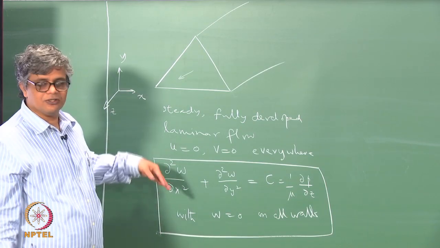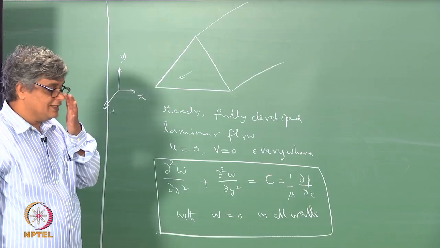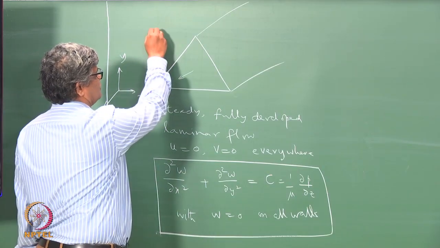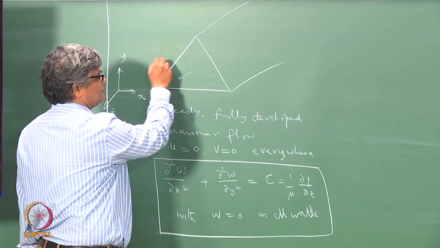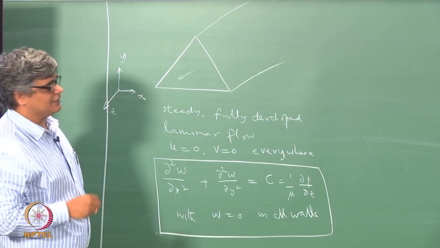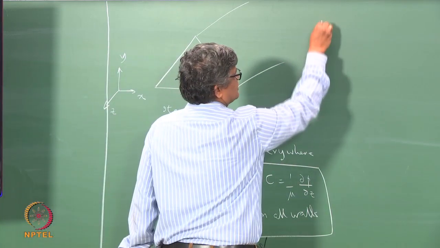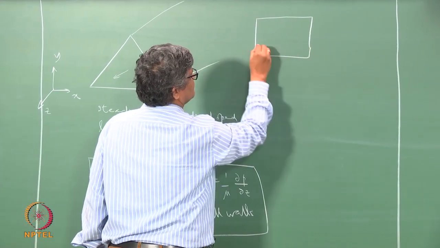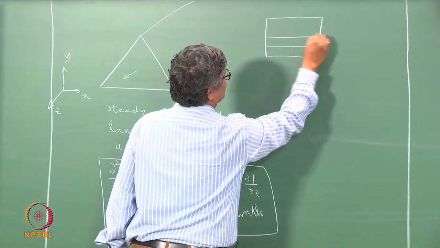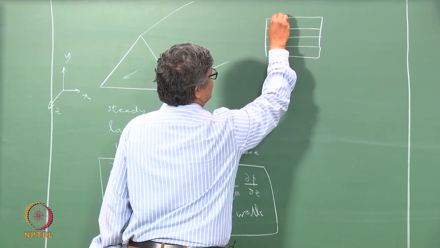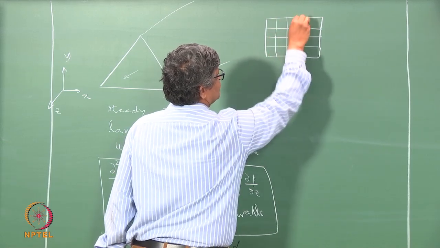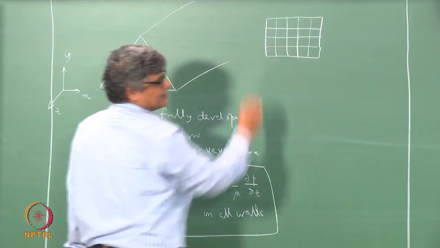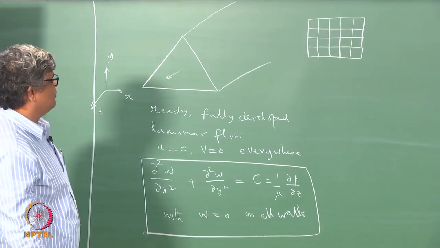Okay, so if we want to go about this problem in the same way as we had done earlier, we'd have to put points at intersection of coordinate lines. Remember that for the rectangular duct we drew lines of constant y like this and constant x like this, and then we put the grid points, and then we express the derivatives in terms of the neighboring points here.